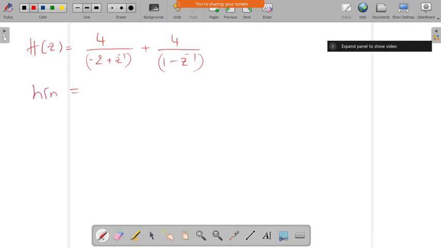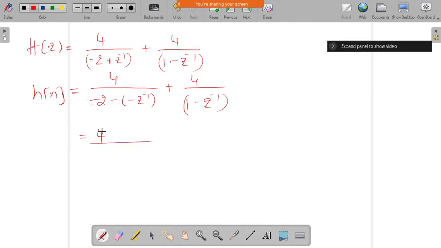Now h of n we can write: 4 divided by minus 2 minus of minus z inverse, plus 4 by 1 minus z inverse. Here we need to get 1 minus z inverse, so I'll take minus 2 common.